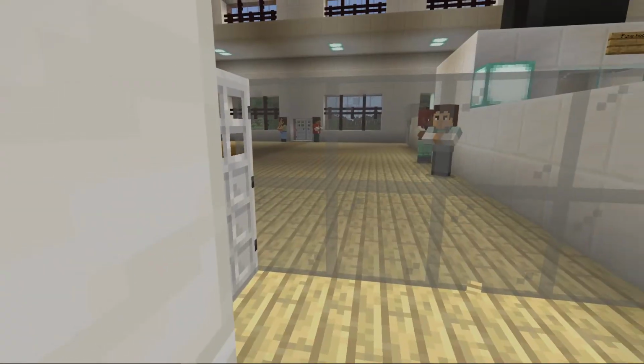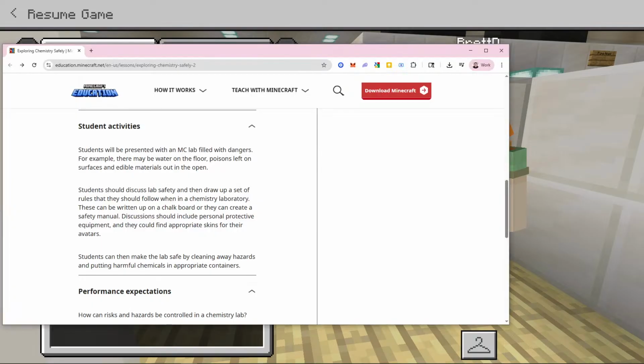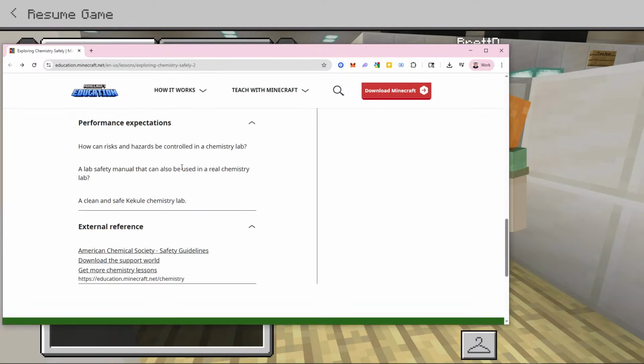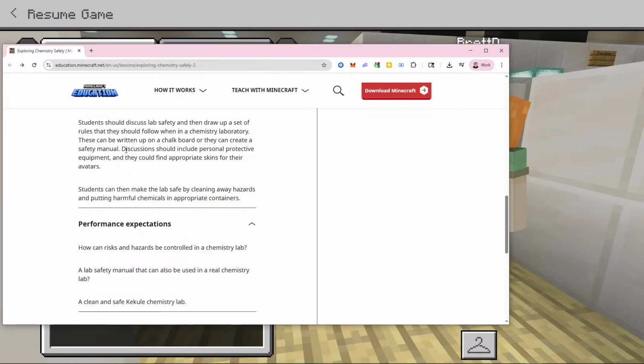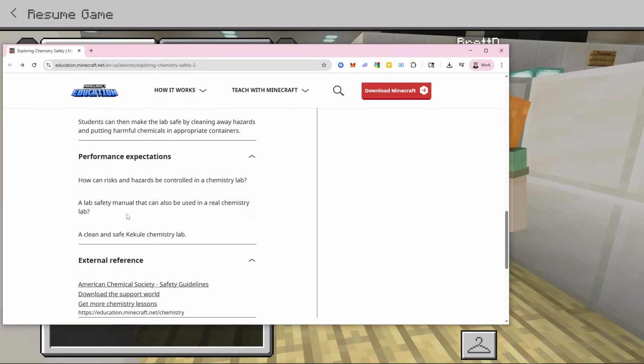Let's go back to our source material and see if there's anything else that it says, specifically that we need to do. Yeah, we talked about personal protective equipment. Lab safety manual. Performance expectations.